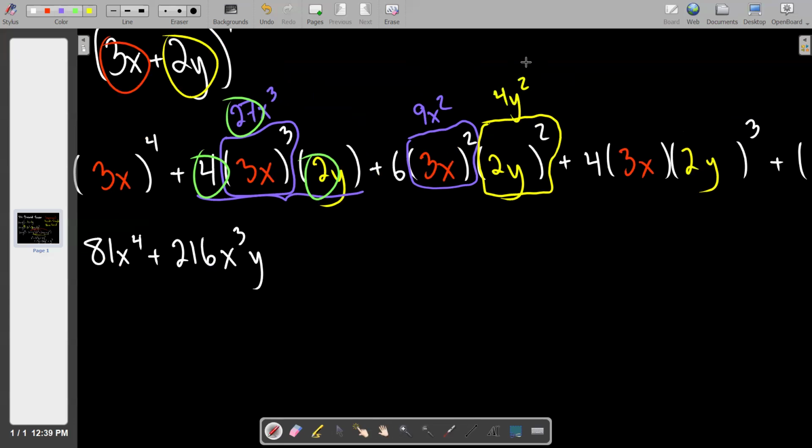It's imperative that you free everybody up from the parentheses first, and then you can go gathering and grab all the loose pieces and put them together. So again, just math. What is 6 times 9? 54. And then 54 times 4 is, coincidentally, another 216. So we get plus 216x squared y squared.